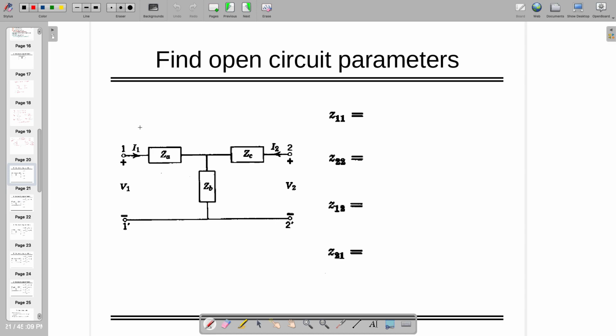So one more thing, Z parameter can be drawn using this circuit, which is known as T circuit, because there is a T seen here, right? So such circuit is T circuit.